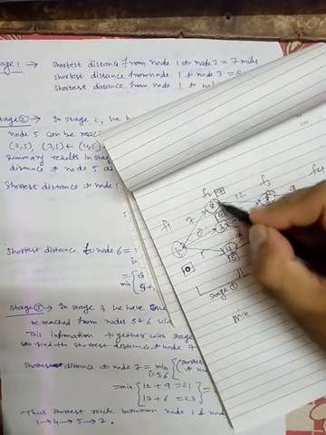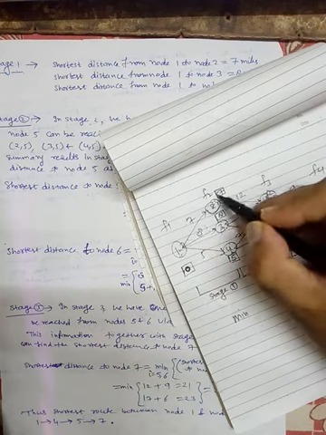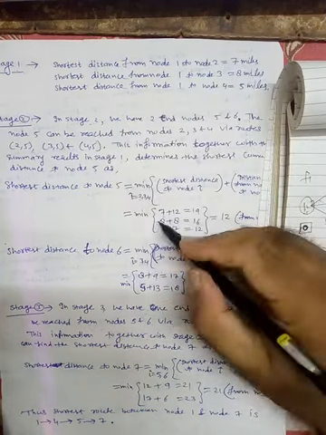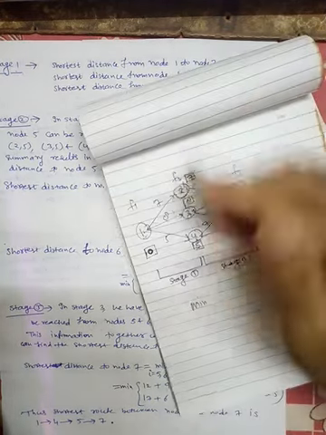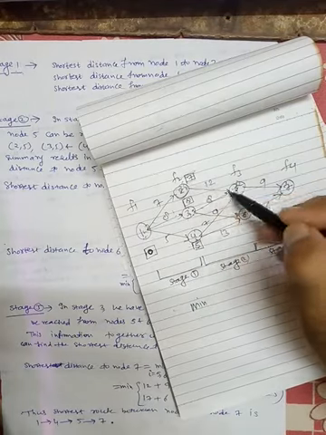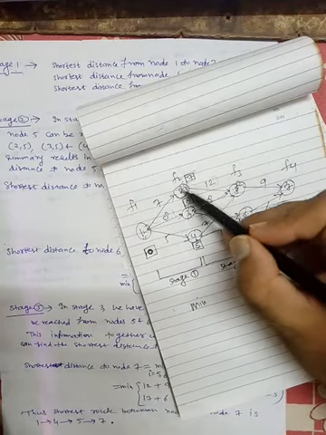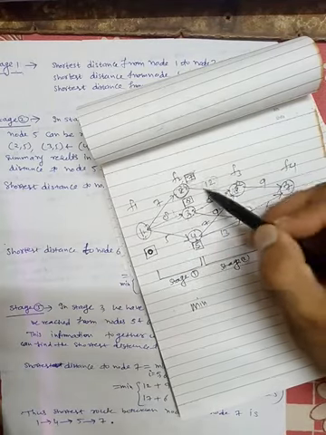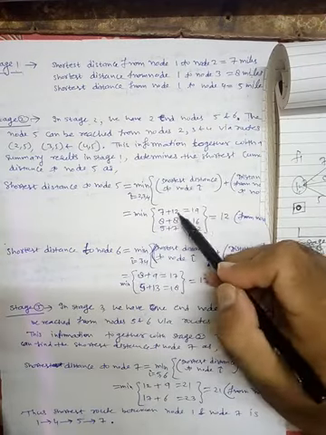If you are taking 2, shortest distance is 7, and 7 plus this distance 12 is 19.